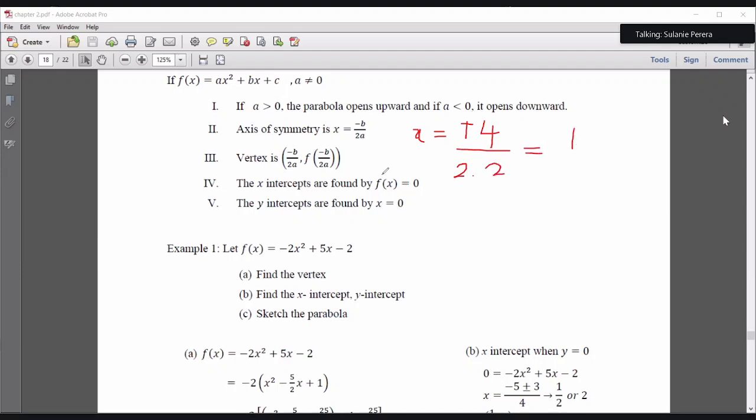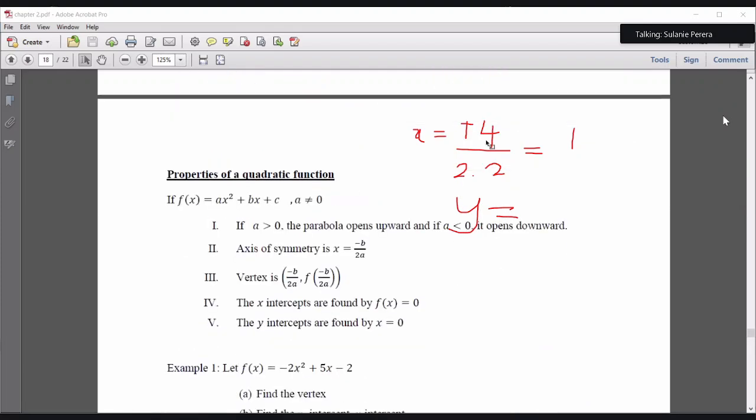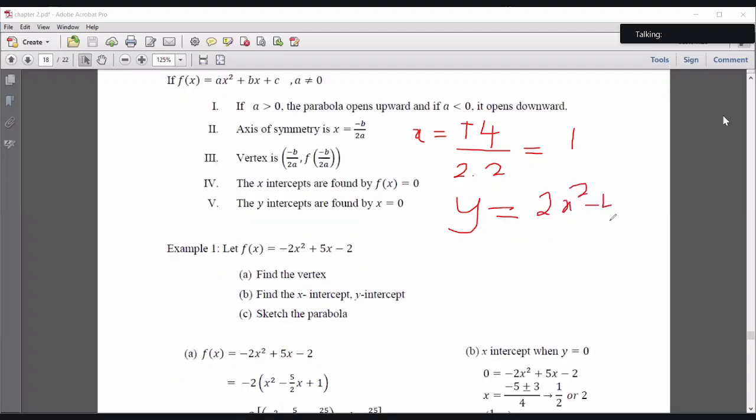And then you have to substitute in the equation to find the y coordinate. So substitute in the equation 2x squared minus 4x plus 1. So 2 minus 4 plus 1. So minus 2 plus 1 is minus 1. So that is the vertex. The vertex is 1 comma minus 1. So that is an easy way to get the vertex. If you use this, it's easy to get the vertex.